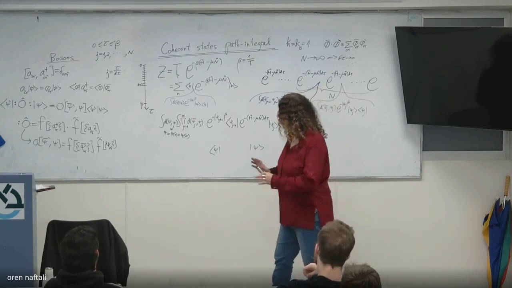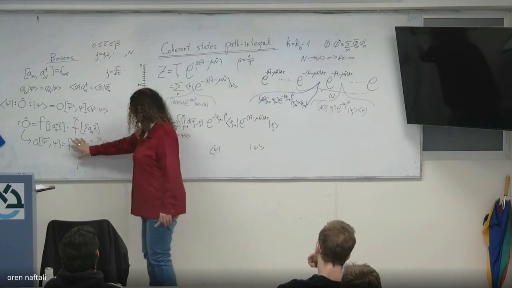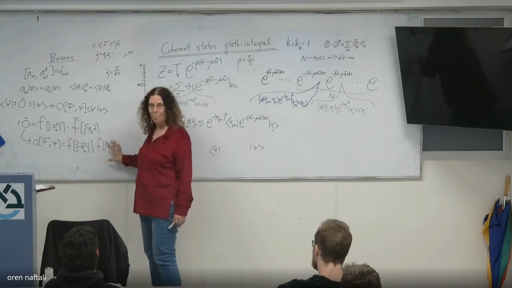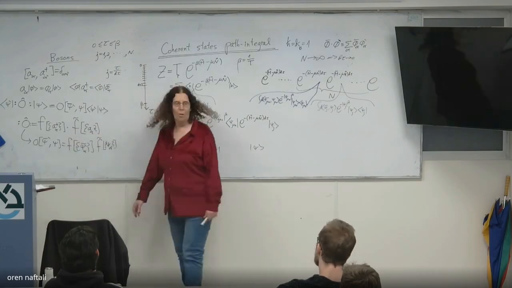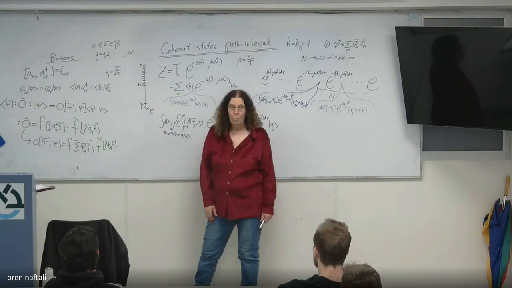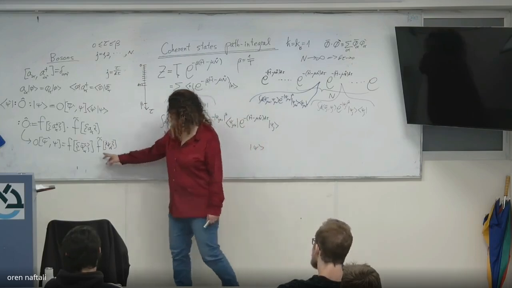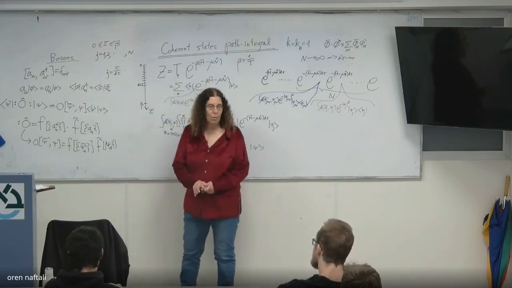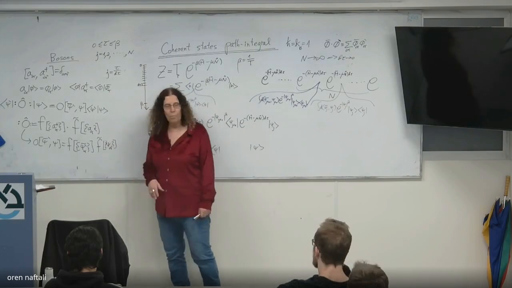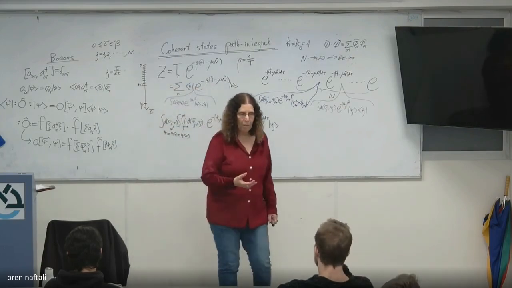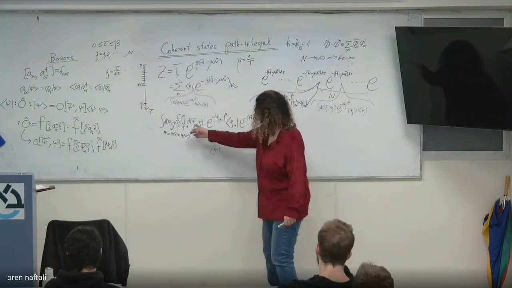You no longer have to keep track of the order. I kept track of the order by writing this. Okay? The only problem is that we don't know exactly how they translate. What do you mean? No, I know exactly what they are. Okay, so there are some psi's, some complex numbers, that eventually you are integrating over.